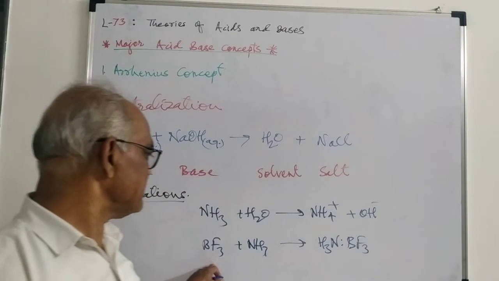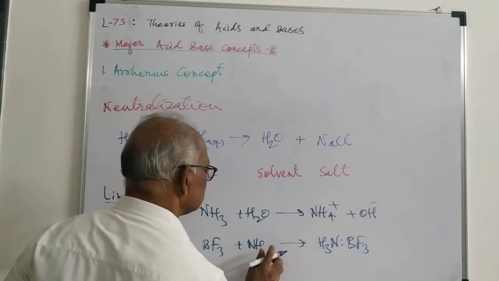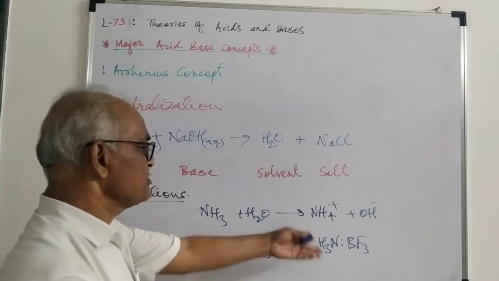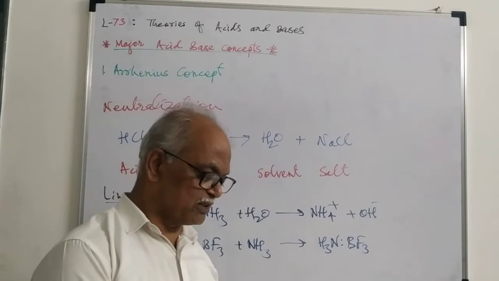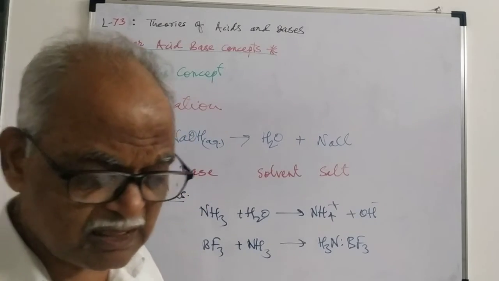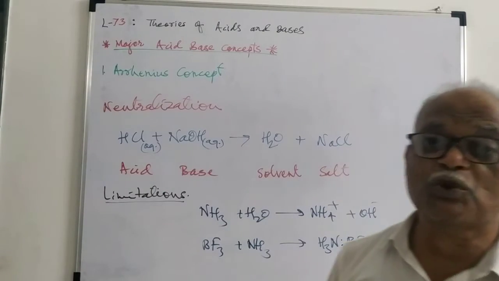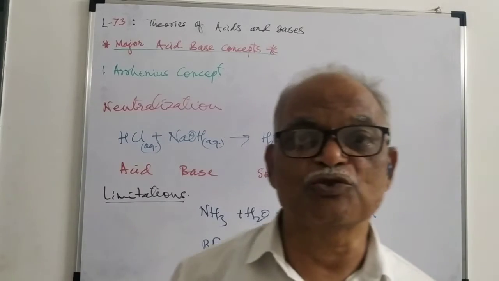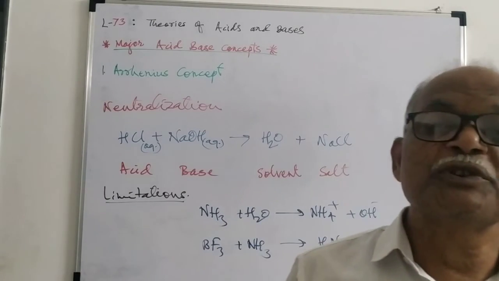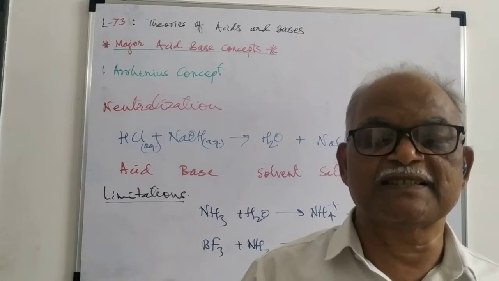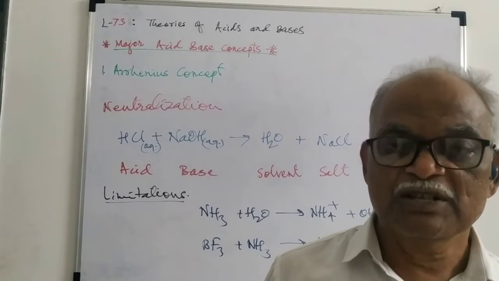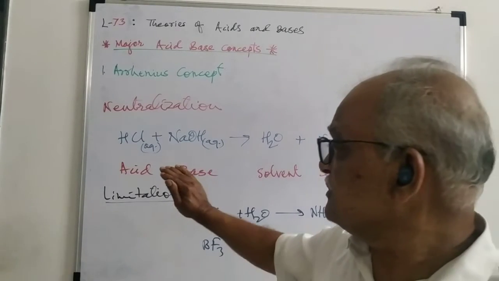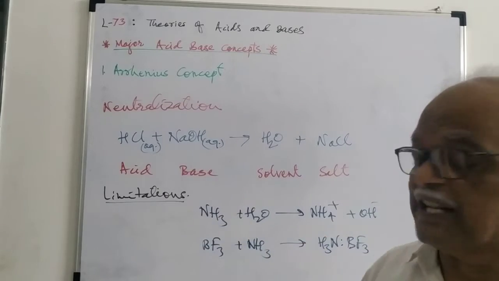So acid plus base gives this addition product. There are a number of such examples which show that the definition given by Arrhenius is not convenient to define every substance as acid or base.